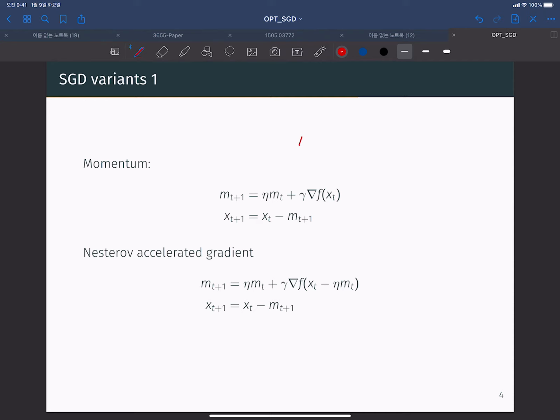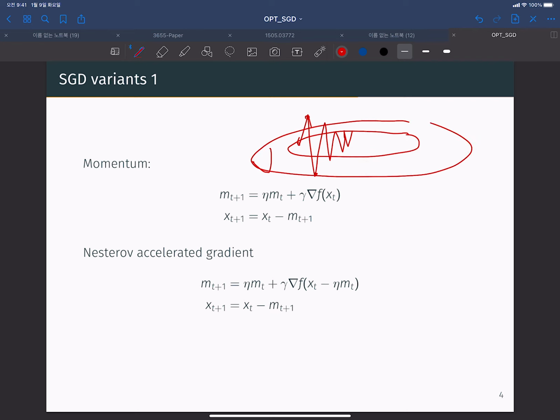When you look at the zigzag behavior, at every time slot you have a completely opposite direction. When you have a very steep curvature, with this type of loss surface, because we have a very high gradient in this direction, you have a very huge, very active movement in this direction. But since the curvature in the other direction is very small, you observe only a very small amount of update in that direction.